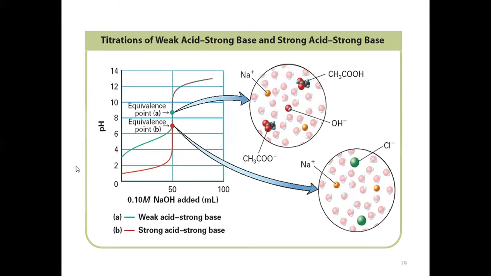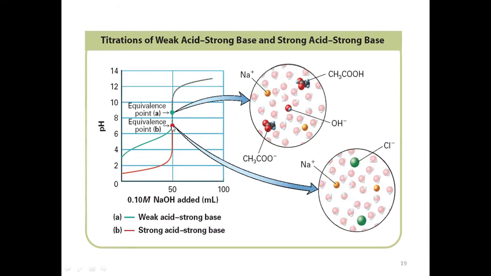So here this is one of the important curves. Everybody knows about it, I think: the red one is the strong acid strong base equivalence curve, and the green one is the weak acid strong base equivalence curve or neutralization curve. Here you can easily find that when strong acid and strong base are added to each other, the neutralization point in titration is formed at around 7, or just 7.